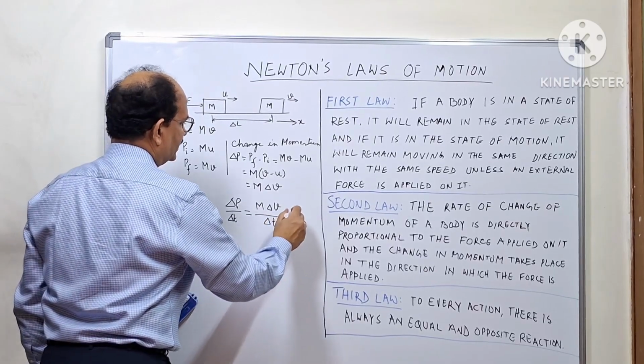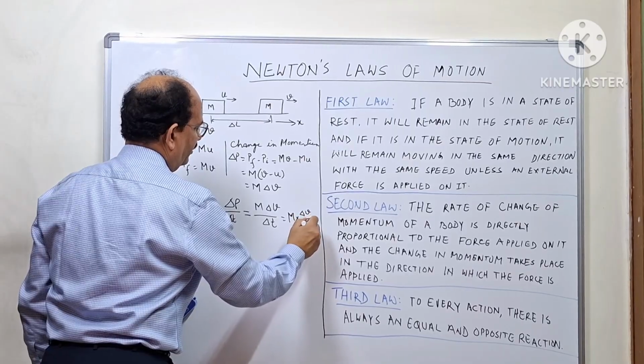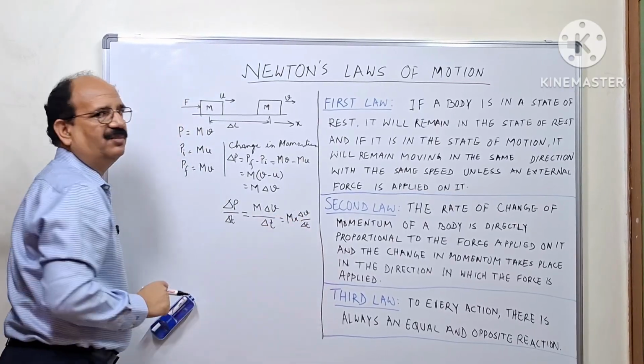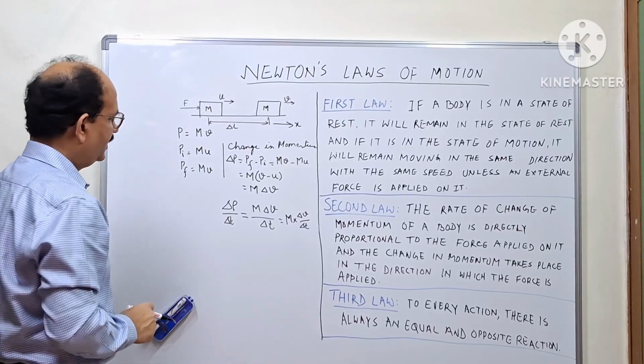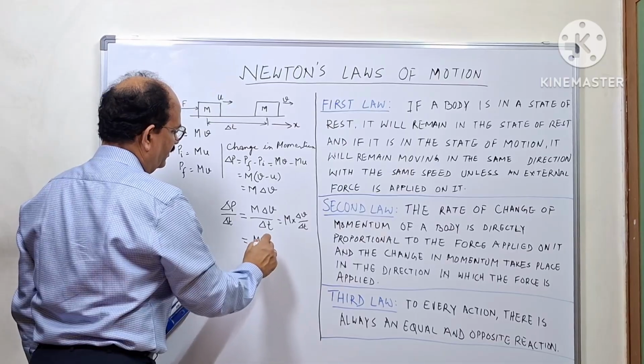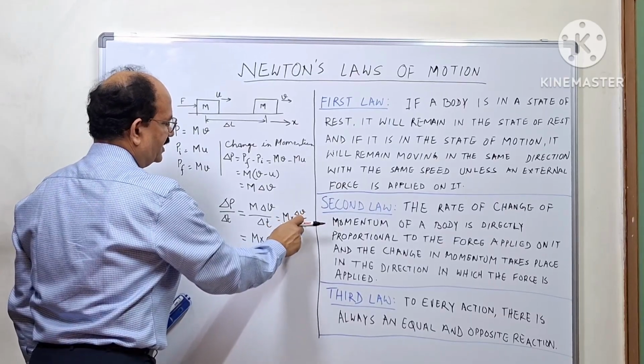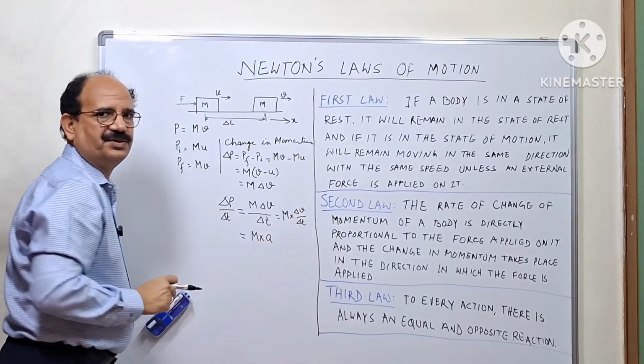Now this can also be written as m times delta v divided by delta t, because the mass of the body is constant. And therefore this can be written as mass into acceleration, because change of velocity with respect to time is acceleration.